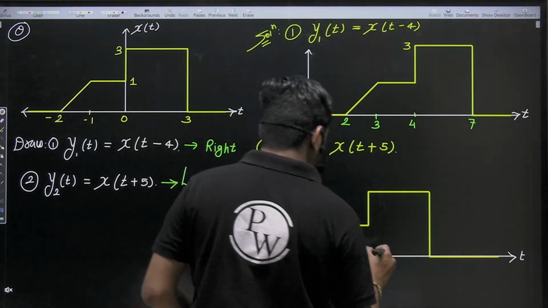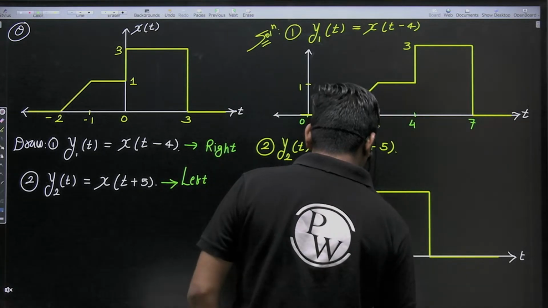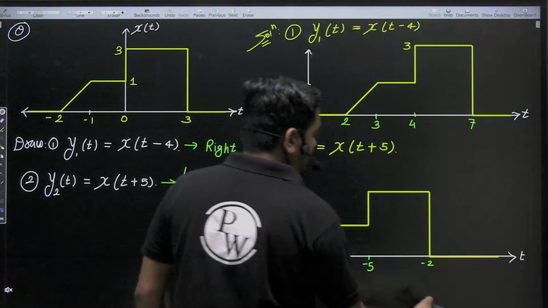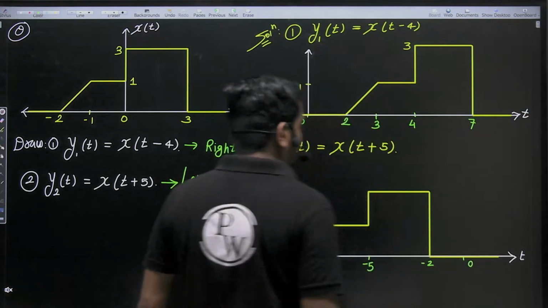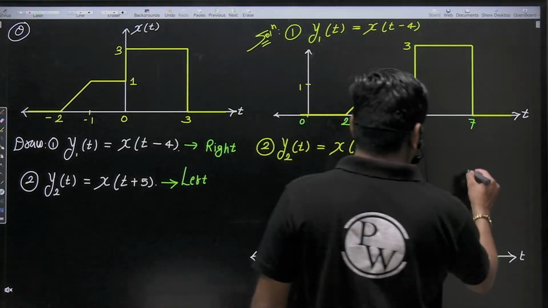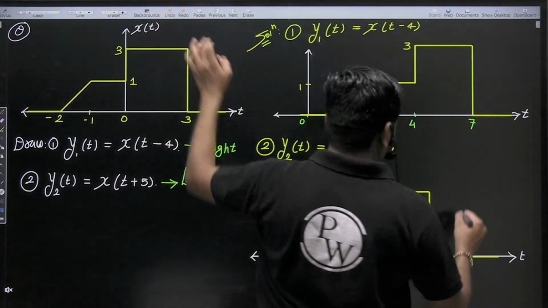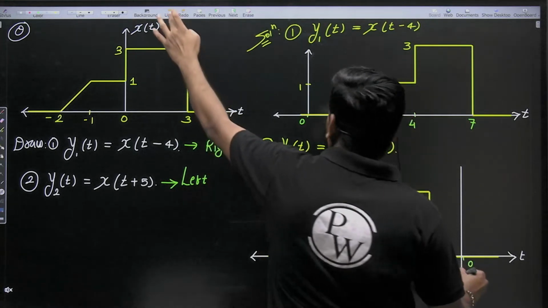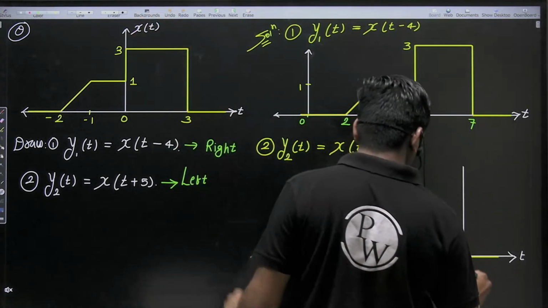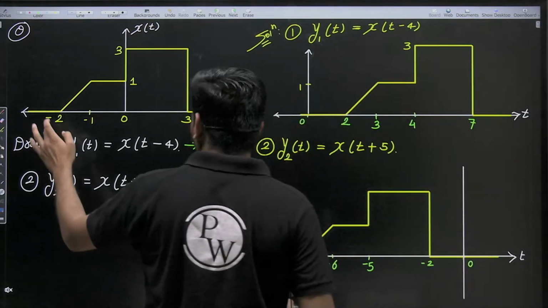Then next is minus 5. Then next is minus 2, guys. So this is minus 2, something around here. This is origin 0. Clear? Then draw the y-axis.